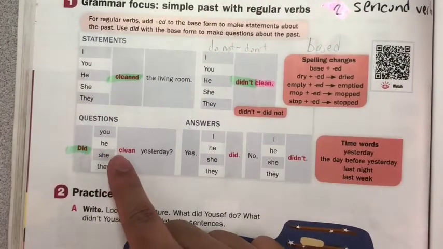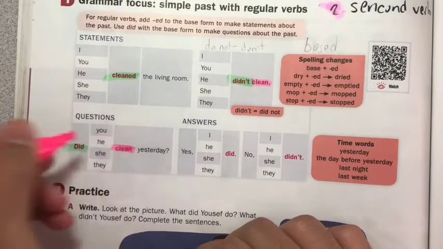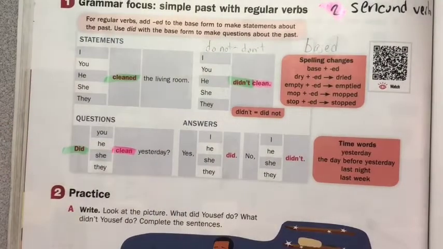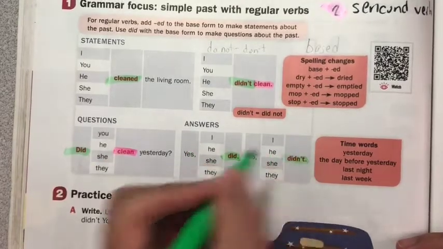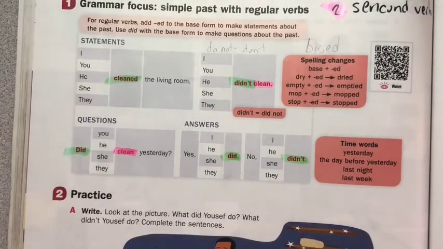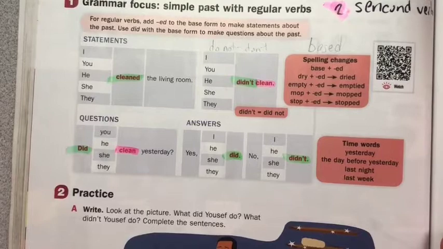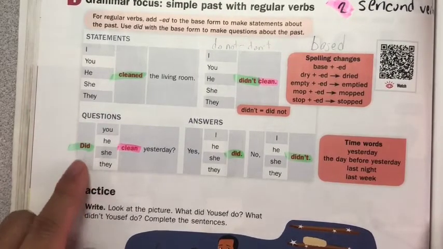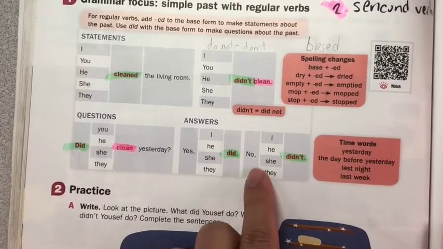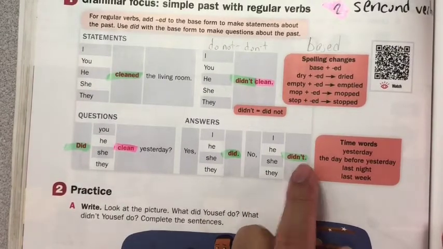Did he clean yesterday? Yes, he did. No, he didn't. We only change the first verb. And in a question, the first verb is always did. And if the answer is no, then it's always didn't.